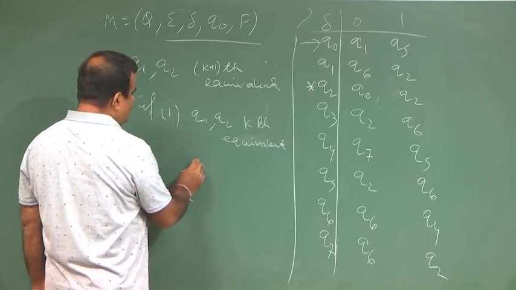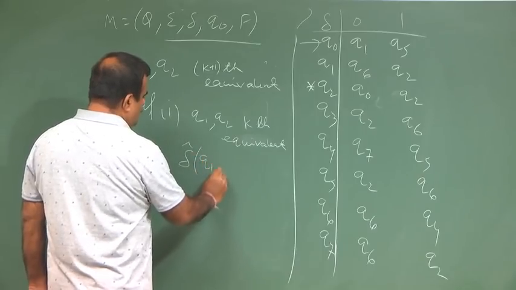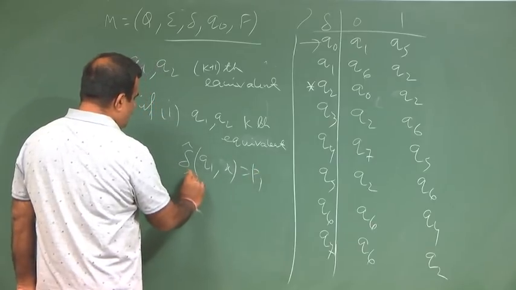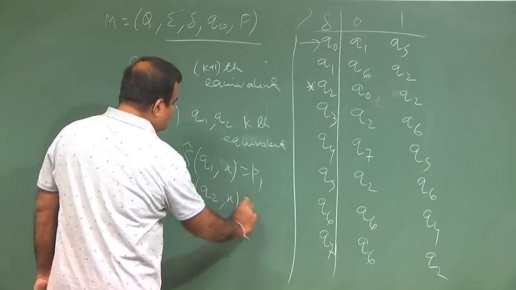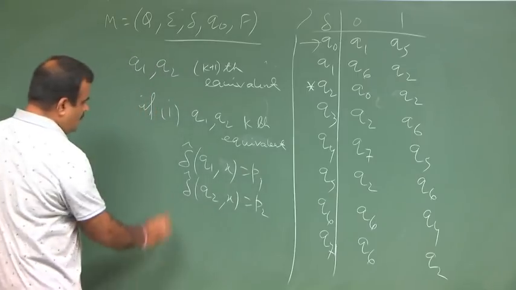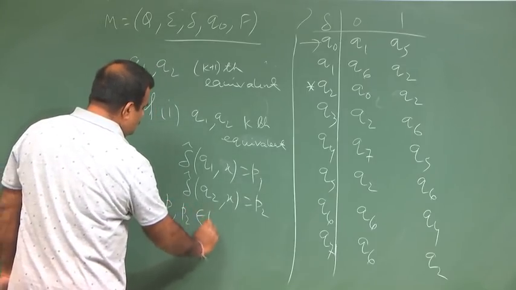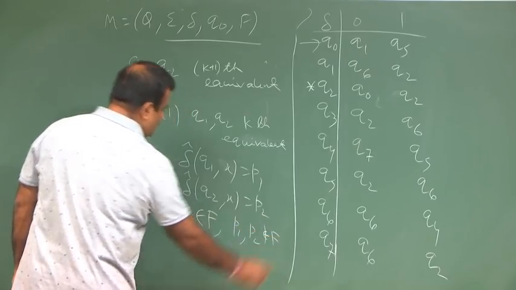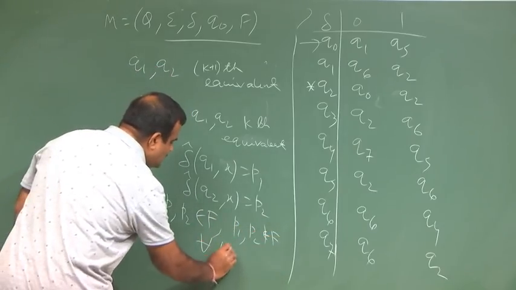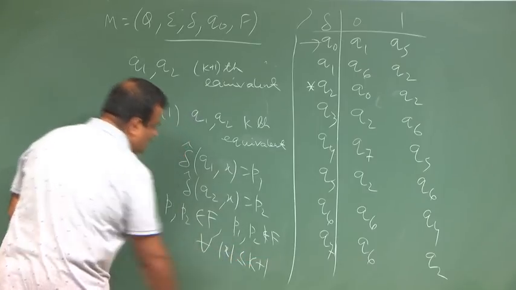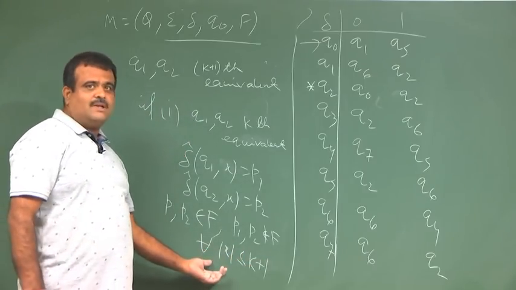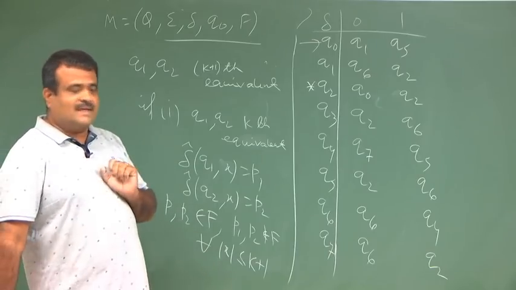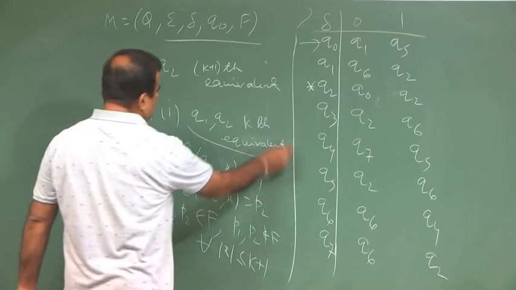K plus 1th equivalent means delta hat of q1, x is p1 and delta hat of q2, x is p2, where p1 and p2 are either both final states or both rejected states, and this is true for all x of length less than or equal to k plus 1. Now, this has to be true for all strings of length k, so that will eventually give us that they are kth equivalent.